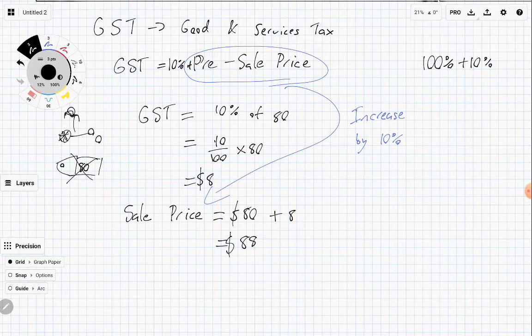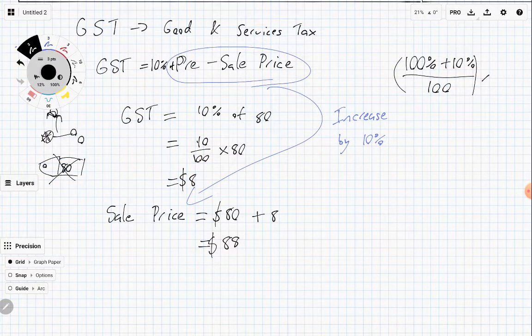So that's 110% over 100 multiplied by the pre-sale price, which was $80. You can chuck that in your calculator. You're going to get 110 over 100 times 80. Hey presto, it's $88 either way. So if you want to skip straight to the sale price, there is a quick way of doing it.